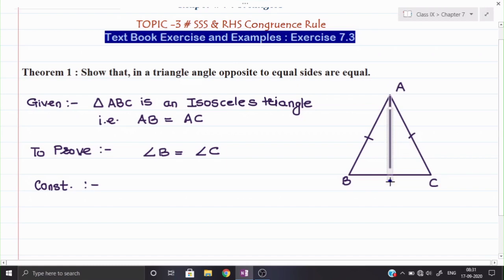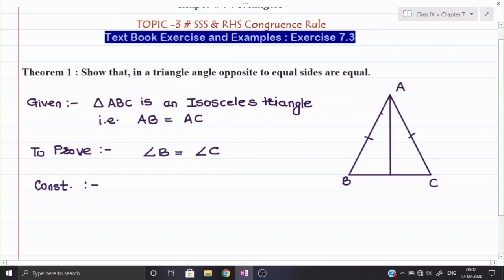A little bit we can extend it. Okay, correct. So see, this is the angle bisector I have drawn. Angle bisector means what exactly? The line which divides the angle into two equal parts. So here you see we have drawn the angle bisector of angle A.